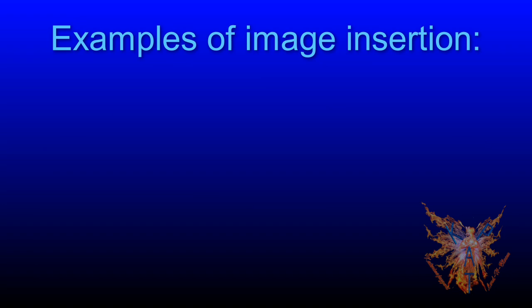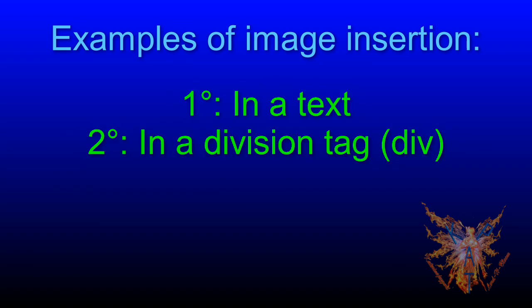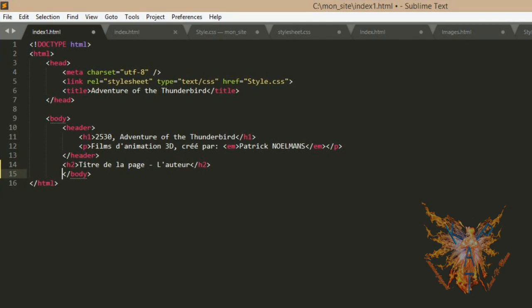We're going to do a little test, with 2 examples. First, I'm going to put an image inside some text, and second, just inside a div tag. So let's open our editor with our latest save. We will work on the HTML code. So, we're going to add a little text, with an image interspersed in it.